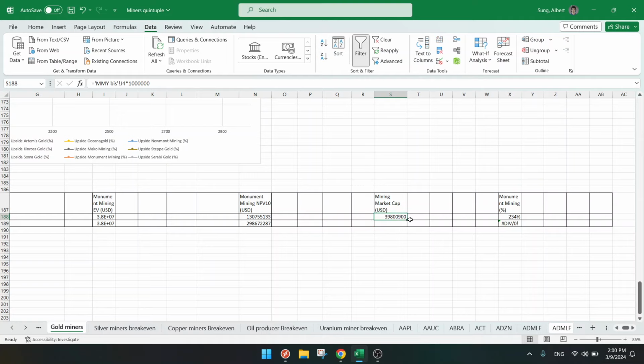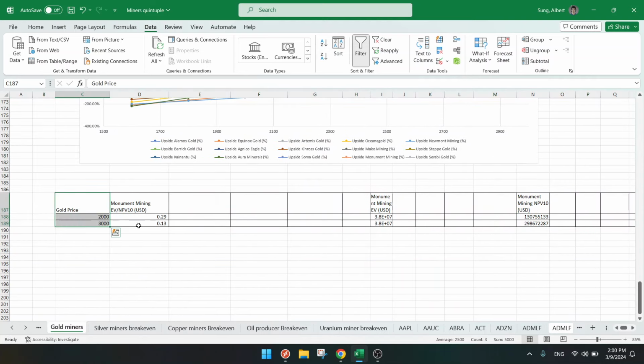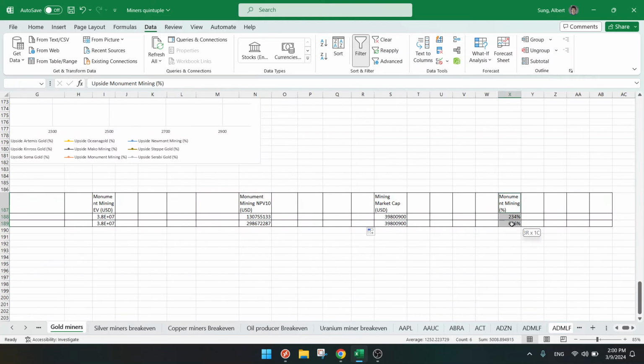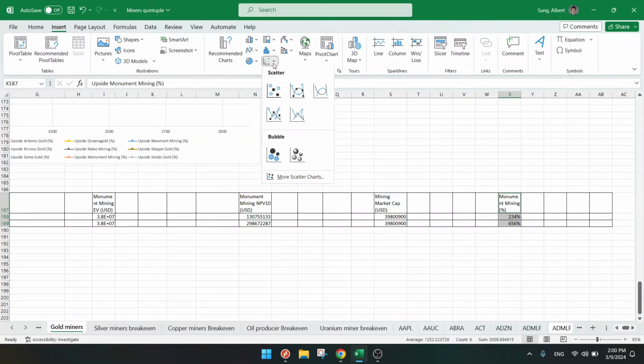And then we have the upside. This is the upside. So in function of gold price, we have our upside.